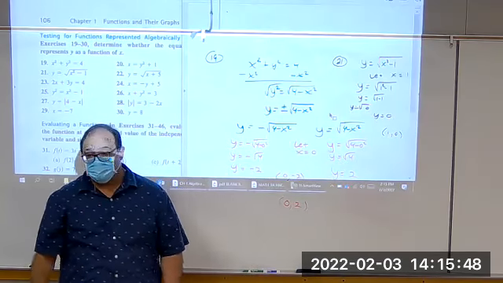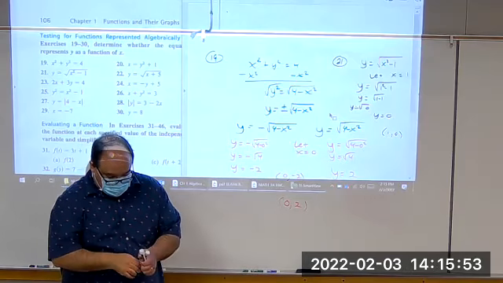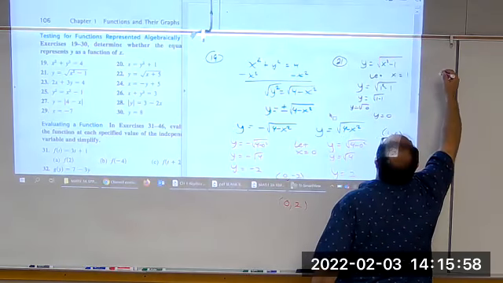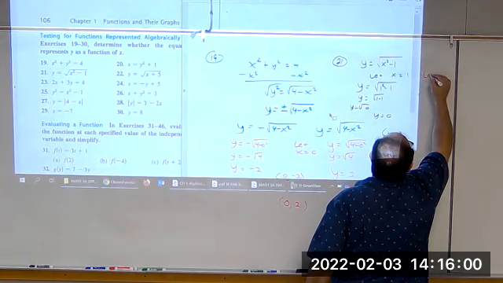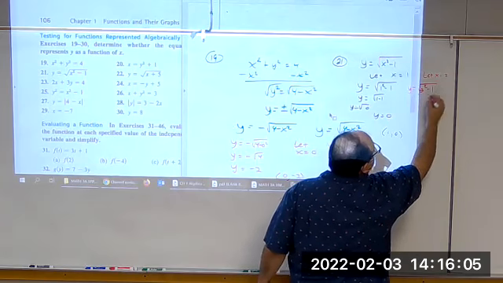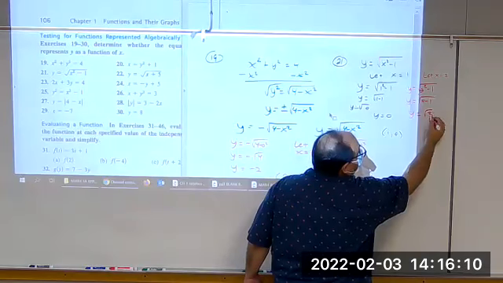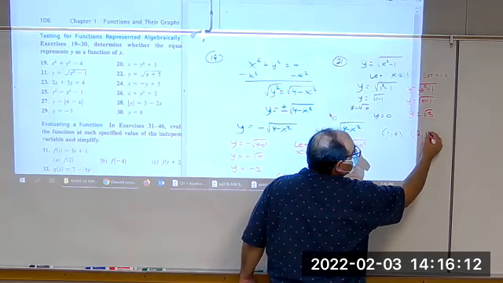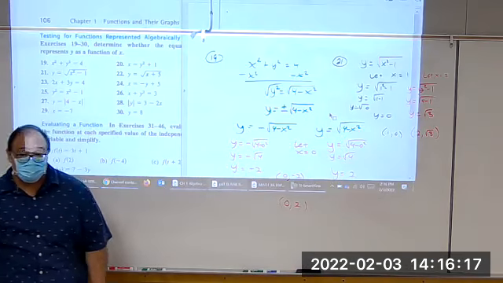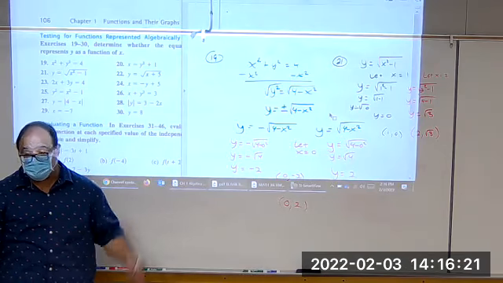If I plug in 2, well, this is not going to be a nice one because it's not going to come out to be a perfect square, but that's all right. y equals the square root of 2 squared minus 1, y equals the square root of 4 minus 1, y equals the square root of 3. So when x is 2, you get the square root of 3. I don't get 2 answers when I plug in 2, I just get 1. That's a function.